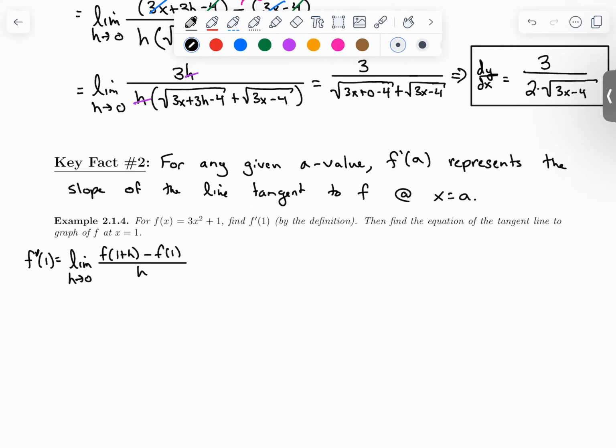Now, because you might be like me, I like to compute these things off on the side because I don't like my mind trying to handle too many things at once. I don't like juggling too many things. So I'm going to calculate f of 1 plus h over here. That's 3 times the quantity x plus h squared plus 1, or not x plus 1 plus h, excuse me.